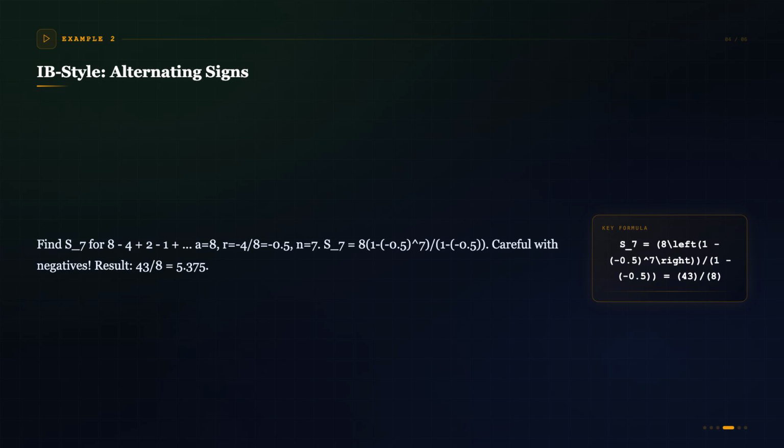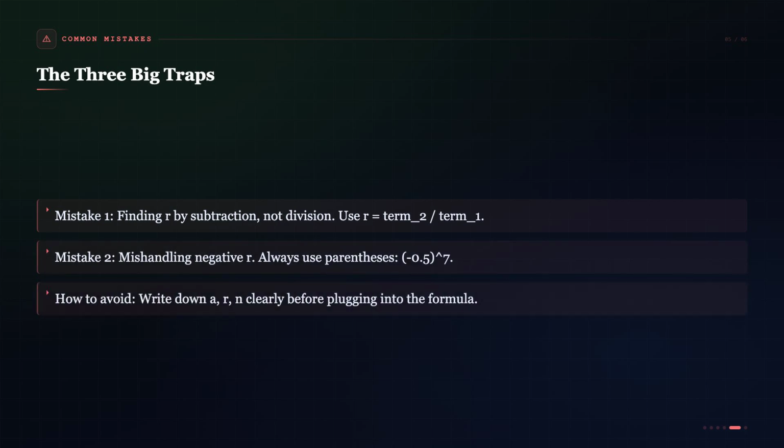So now we have S sub 7 equals 8 times 129 over 128, all divided by 3 halves. Dividing by a fraction is the same as multiplying by its reciprocal. So this becomes 8 times 129 over 128 times 2 over 3.